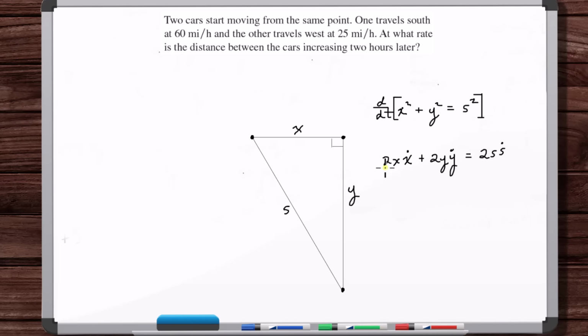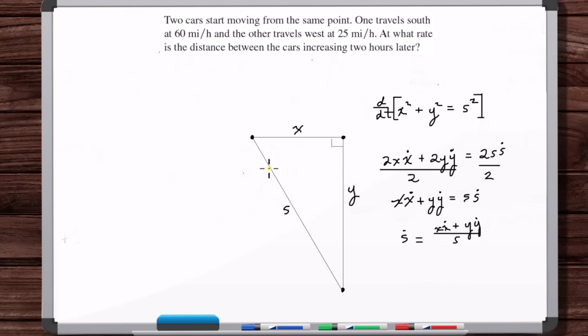Okay, now let's solve for s dot. Let's first divide both sides by 2. So s dot is equal to (x x dot plus y y dot) over s.